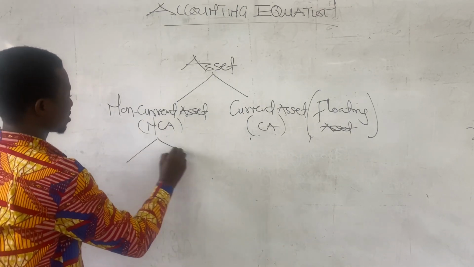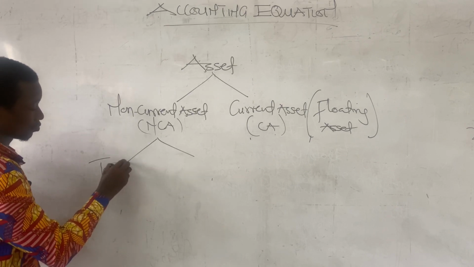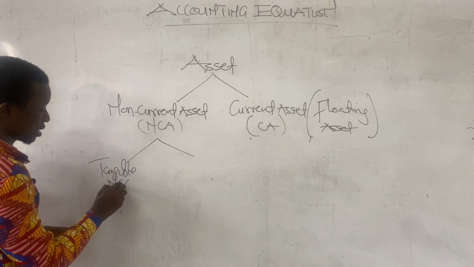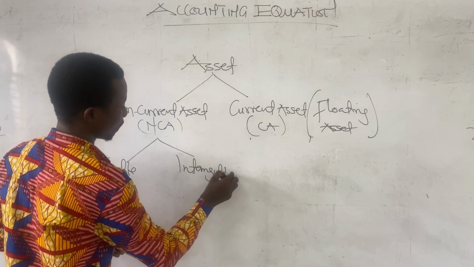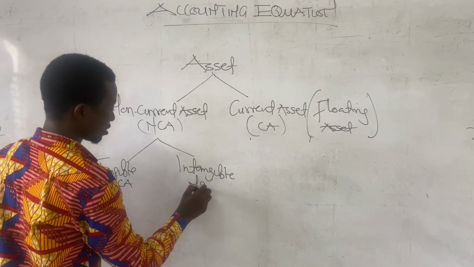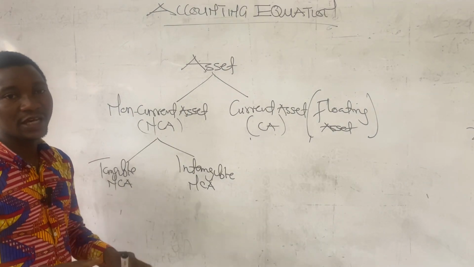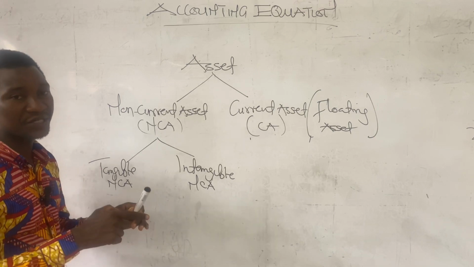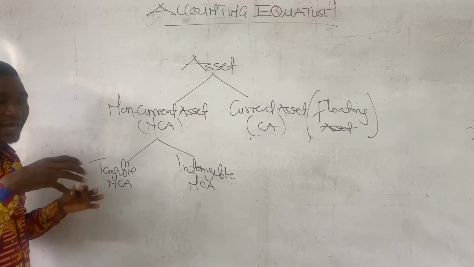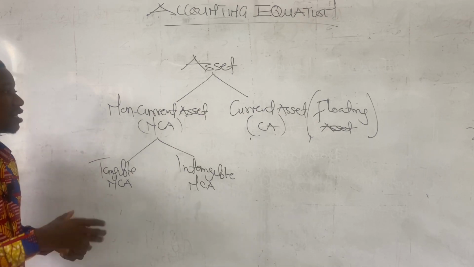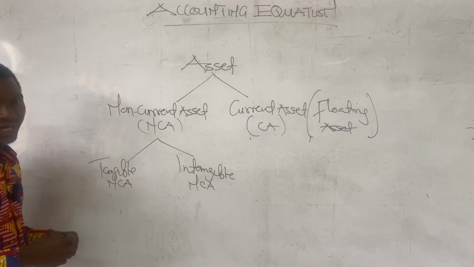This non-current asset can be categorized into two. We have tangible non-current assets and intangible non-current assets. A tangible non-current asset has to do with the physical assets that can be seen and touched in the business. Any asset that has a physical substance that can be seen and touched in the business is what we call a tangible non-current asset.